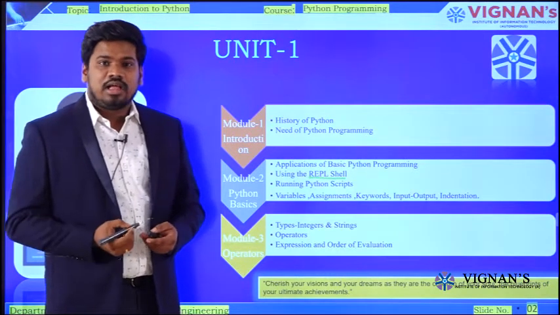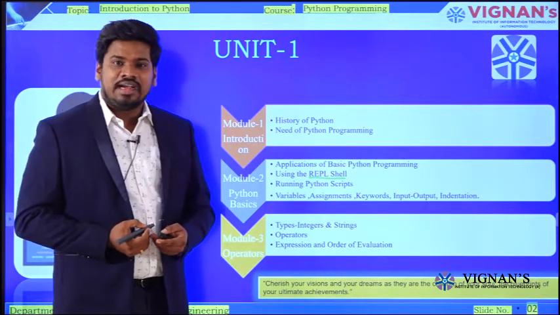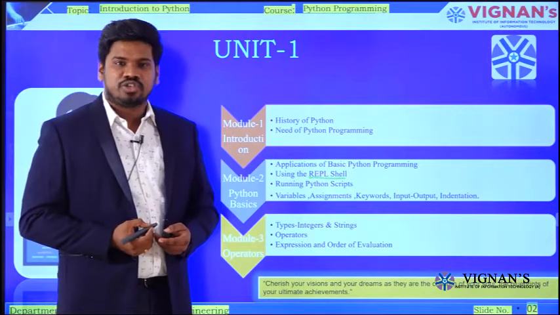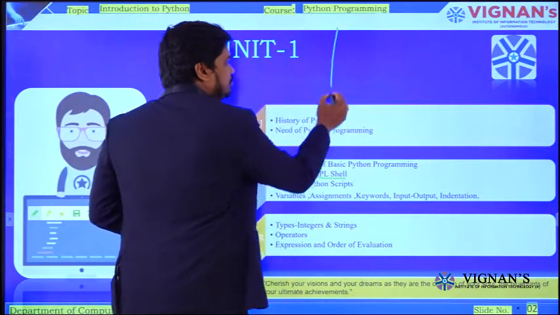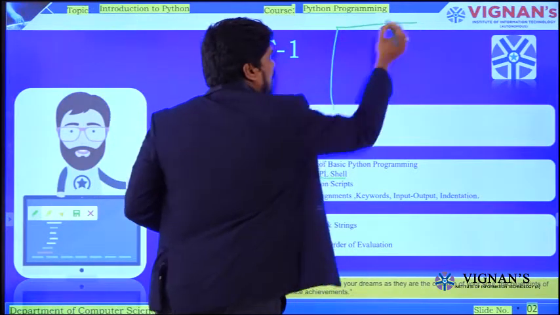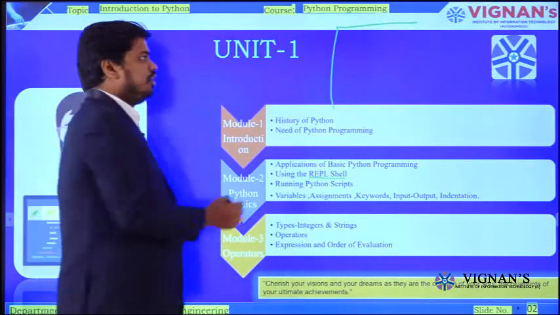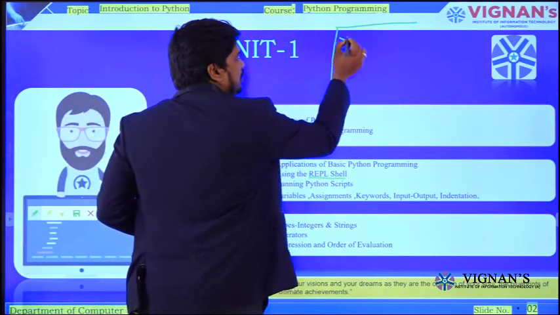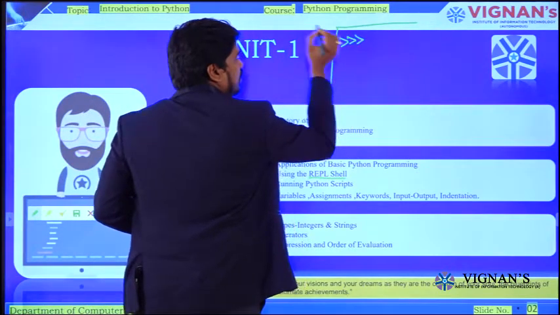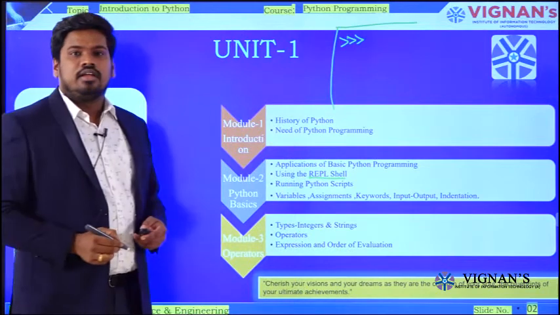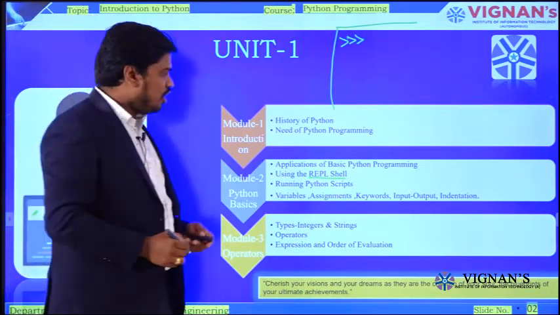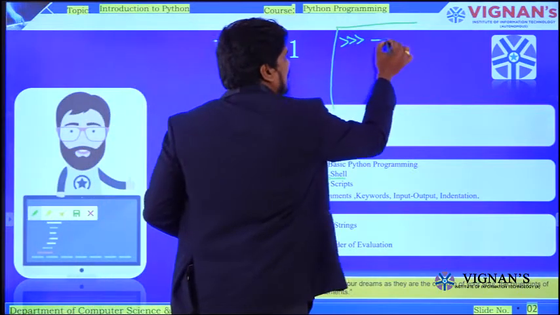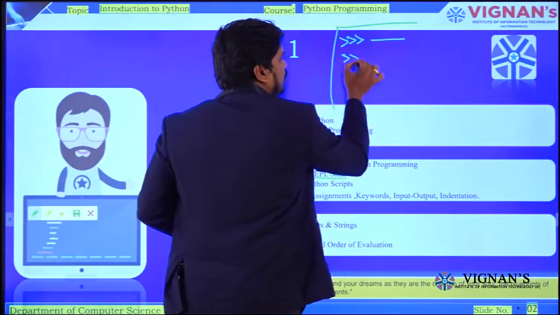Coming to Python IDLE, which I call the interactive shell, it usually looks like this. For example, assume that this is my Python shell. An interactive shell starts with three greater than symbols, followed by where I start writing my Python programs.